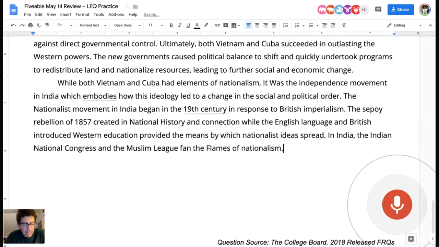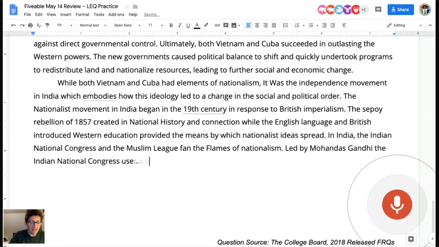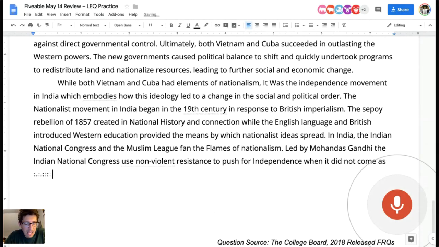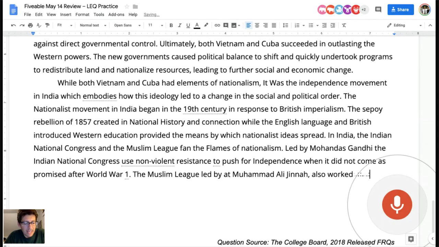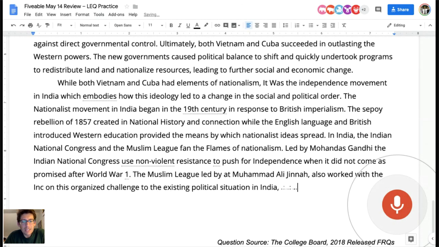Led by Mohandas Gandhi, the Indian National Congress used non-violent resistance to push for independence when it did not come as promised after World War I. The Muslim League, led by Muhammad Ali Jinnah, also worked with the INC on this organized challenge to the existing political situation in India, eventually succeeding with independence in 1947.